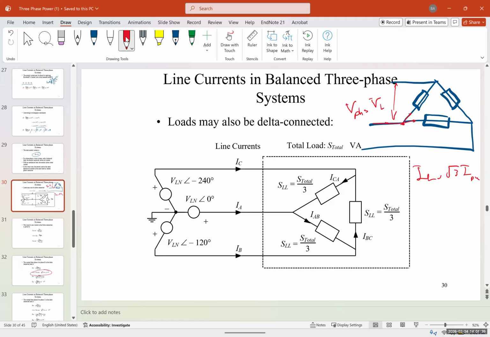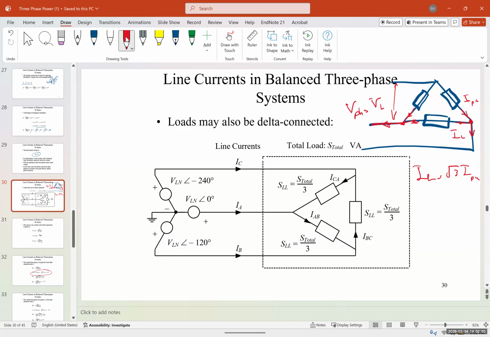Why? Because I have the current of each phase coming into this node and going to the line. Therefore, we're adding the phase currents, okay? And by the way, this is I phase and this is I line. So in a delta connection, it's the opposite of a star connection or a Y connection.